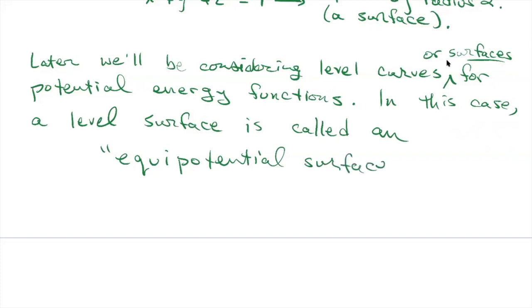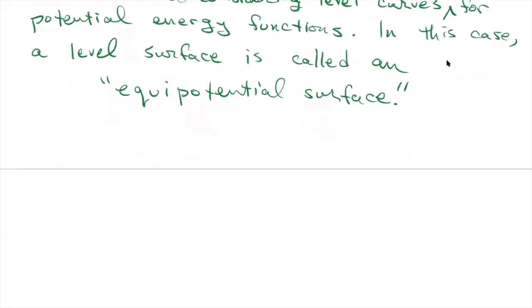And that makes a lot more sense than just saying a level surface. Equipotential just means everywhere on this surface has the same potential energy. And I'll just do it this way.